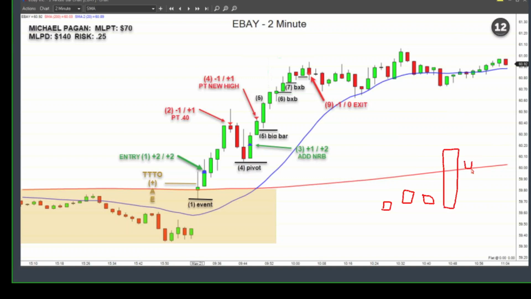Now you've got a little bar here, a little bar here, a little bar here, a little bar here, and then you got one of these. So you see how one of these bars is not like the others? That's when you use big bar, right?